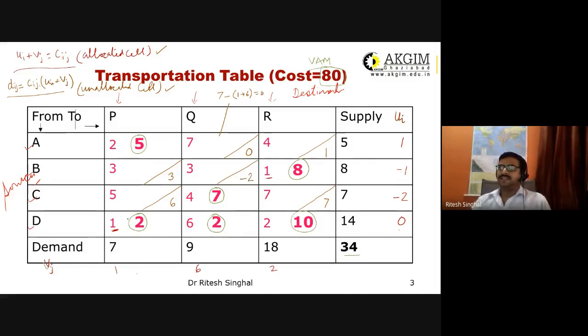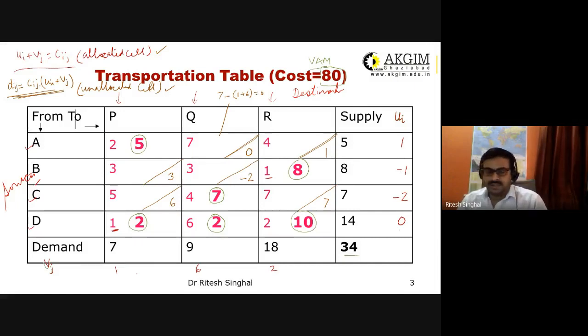So all Dij must be calculated for each unallocated cell. That is the opportunity. Now we have 6 values of Dij, and you know how we write Dij: in each cell, below the slanting line.